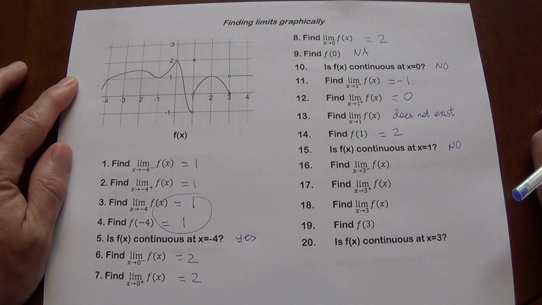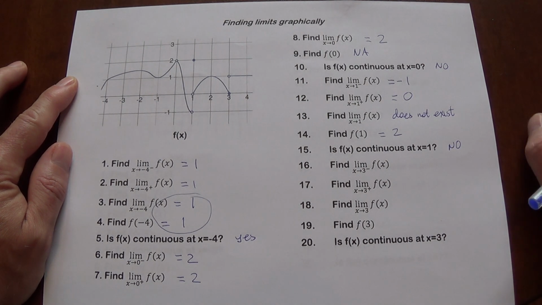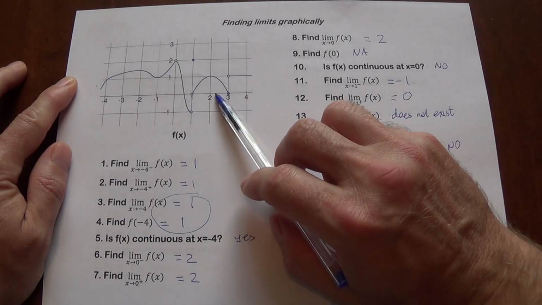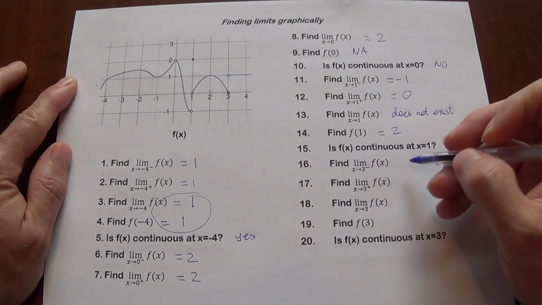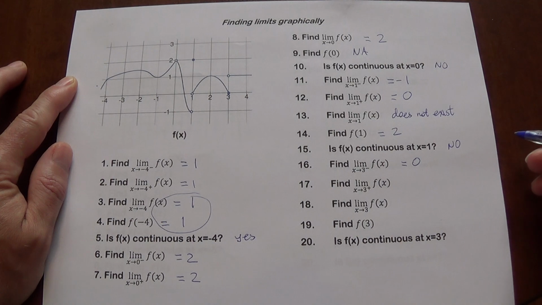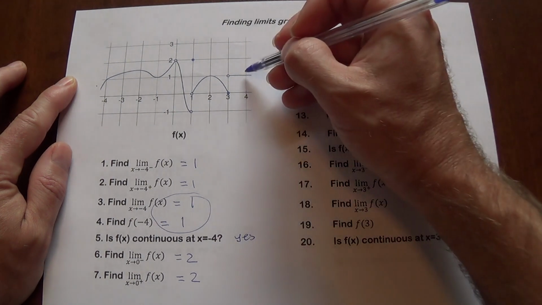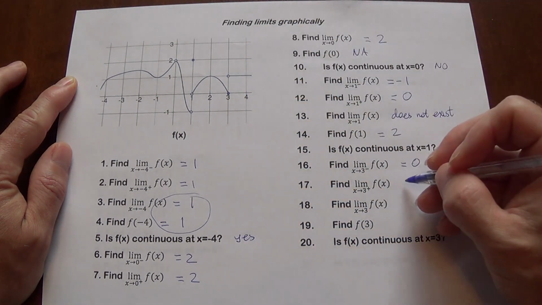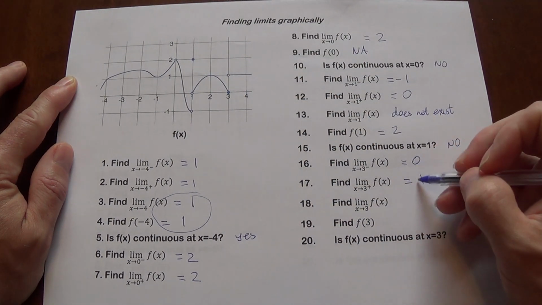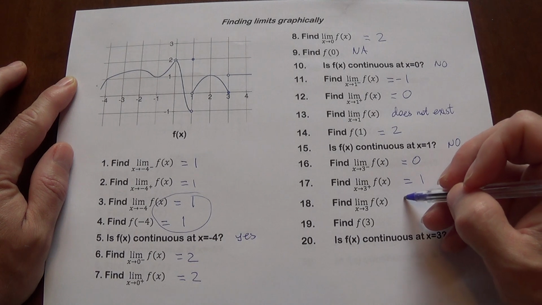Now we do the same thing at 3. Hopefully you can follow along. As you approach 3 from the left, f of x approaches 0. As you approach 3 from the right, f of x approaches 1. If these two numbers don't match, this limit does not exist.